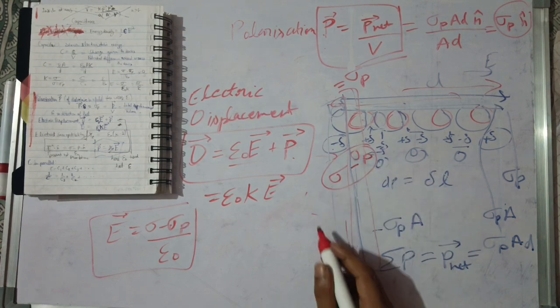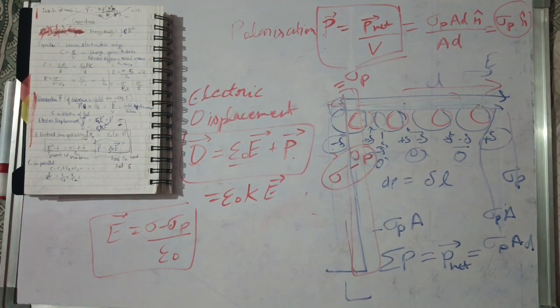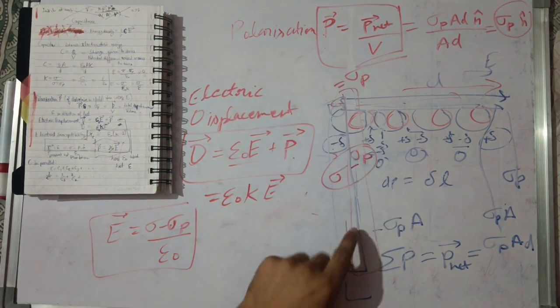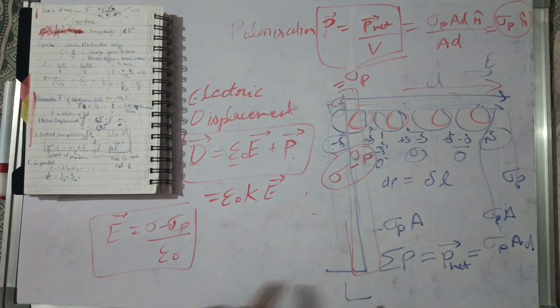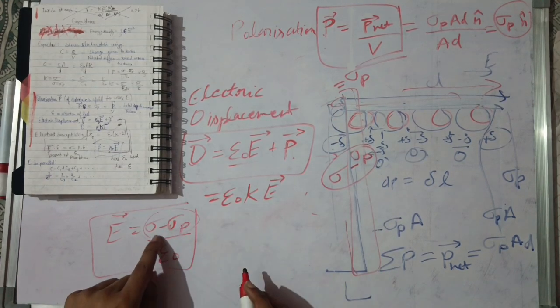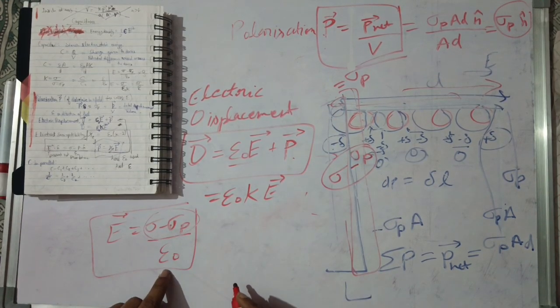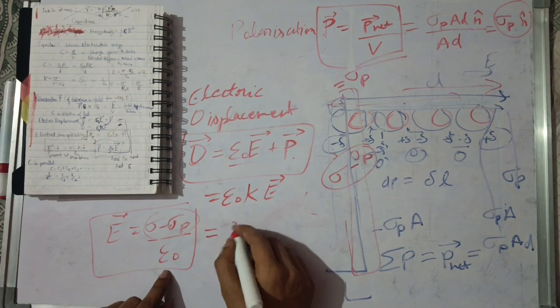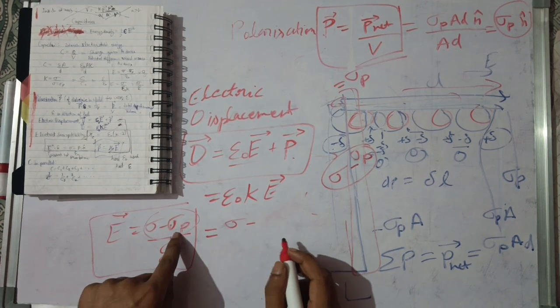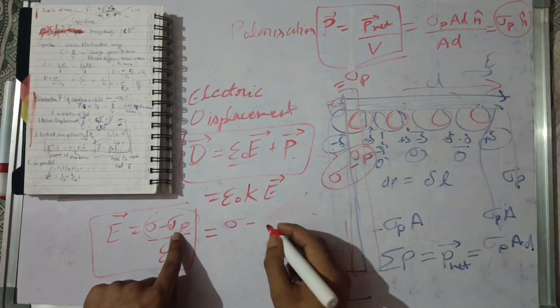So in this medium, the effective surface charge density is sigma minus sigma p, and this total value acts as the net surface charge density. So the field is this divided by epsilon naught, which can be written as sigma minus this value.